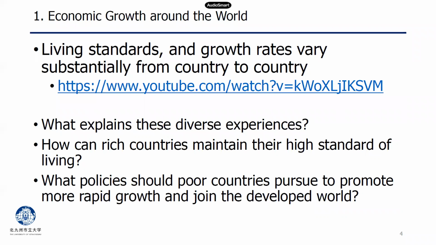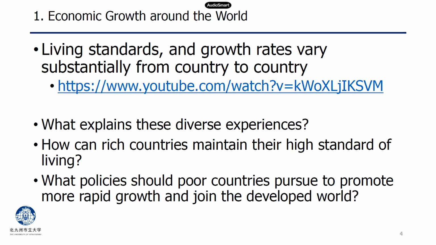And some other countries develop very quickly. So you could see, like in Japan, they caught up with the United States in a few years, especially in the 1980s. And we just look at the rich countries, right?